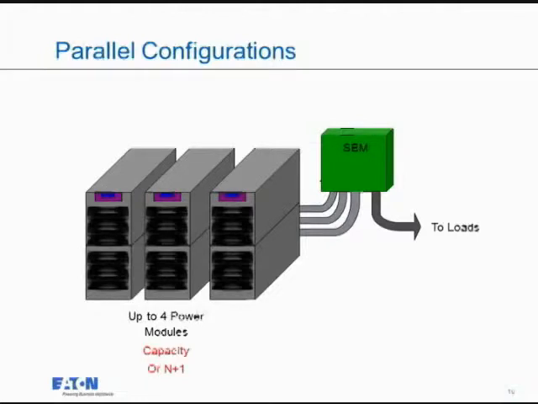Another key point here. When we talk about distributed parallel systems, what we're really talking about is parallel runs. We're talking about paralleling from point A to point B of multiple power paths. So when we're getting into this, we really need to be concerned about cable lengths and wiring lengths.